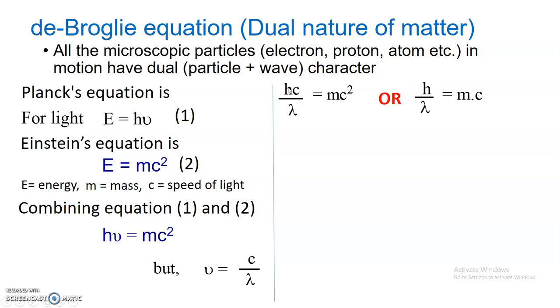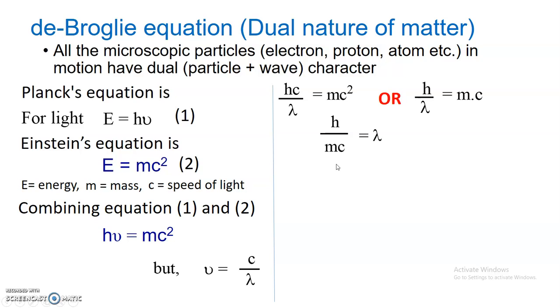So here hc and here c square is there, so one of the c is cancelled and we get h upon lambda equal to m into c, or just by exchanging these two we get h upon mc is equal to lambda.